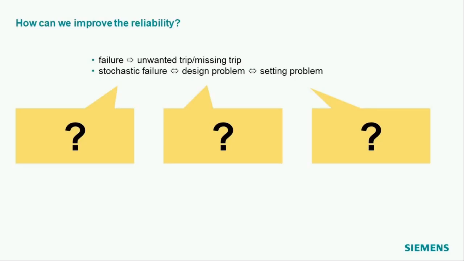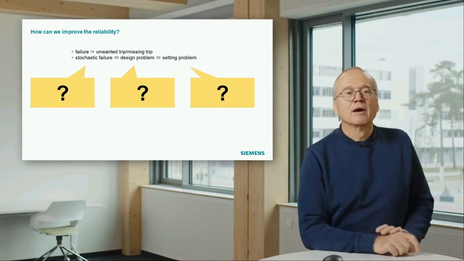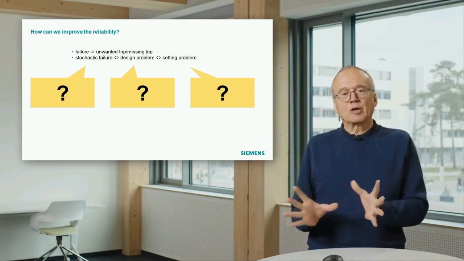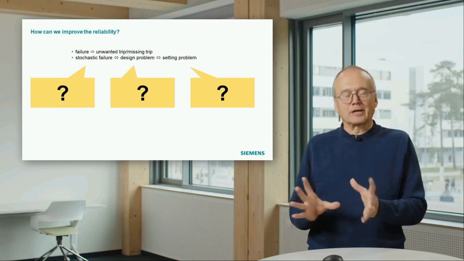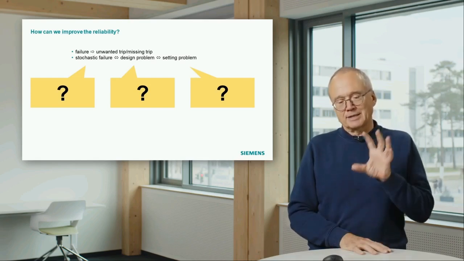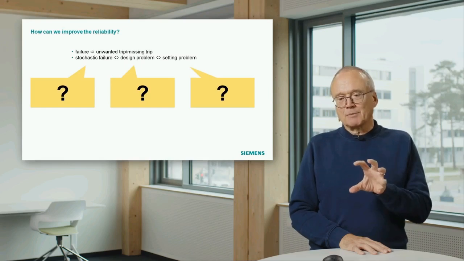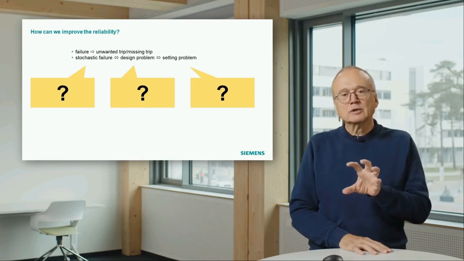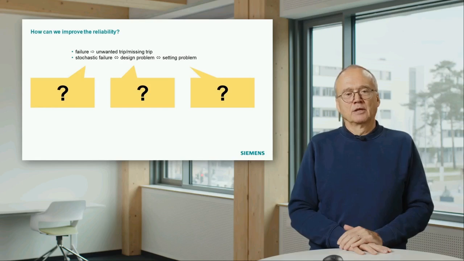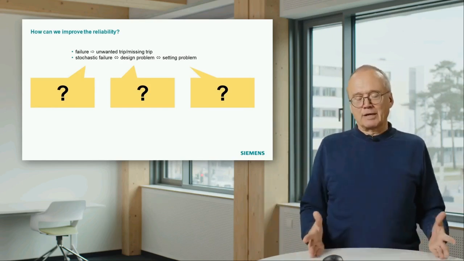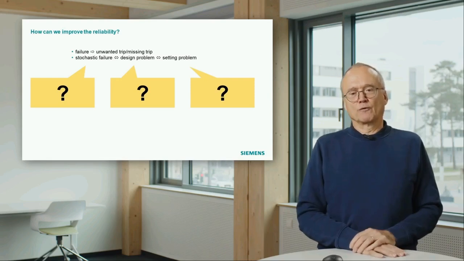And now the question is, what can we as protection engineers do to improve the reliability with a limited budget? Think of, we always have these economical constraints, and it's important if we say we want to improve something, where to do the investment. You can, for instance, compare that with your house. You want to make your house burglar proof.